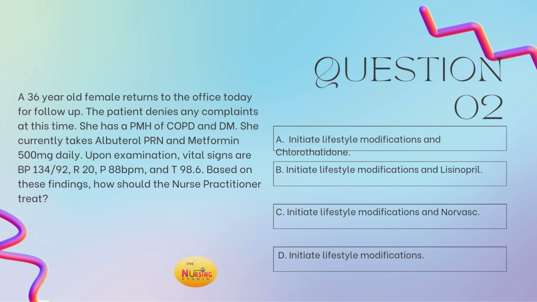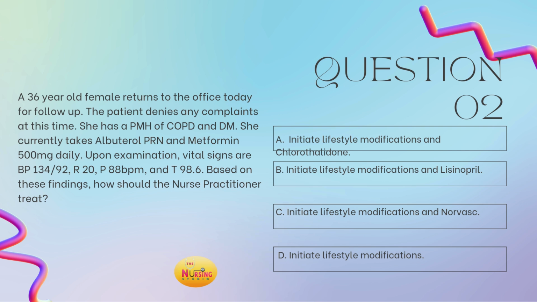Clearly, this patient is exceeding this, and she has comorbidities as she has a past medical history of COPD and diabetes, right? And just think about it. We don't want this to go any higher with people who have comorbidities because they already have risk factors. So if you have an increased blood pressure on top of that, you're increasing the risk of heart disease, right? So we're trying to limit this and manage this accordingly.